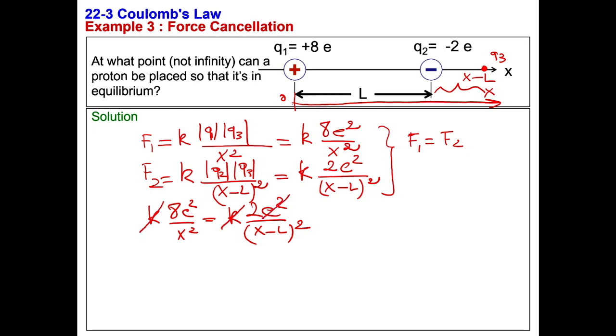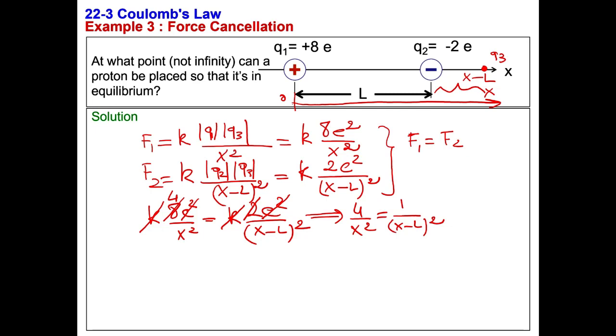The E squared will cancel. And we can divide by 2, so this will be 4. Okay, so we can invert these two sides to solve for X. So we end up with 4 over X squared is equal to 1 over X minus L squared.